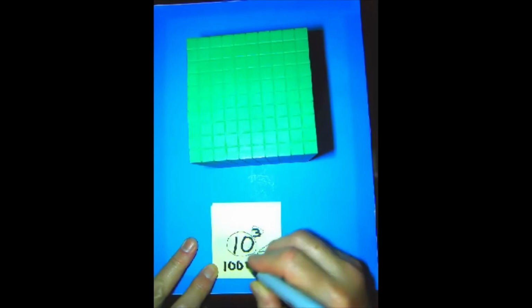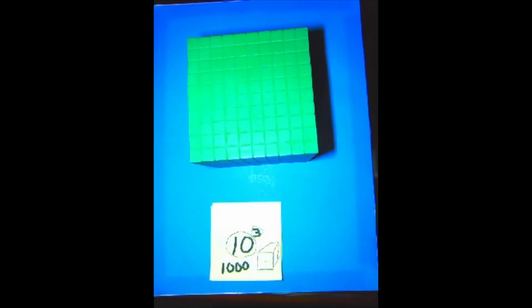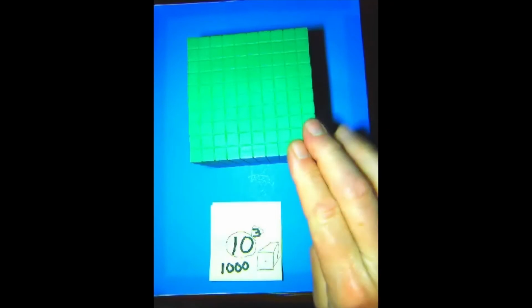3 zeros. Now, in base 10, you'll notice that this shape, the large cube, and this shape, the small cube, are the same. This is what would be called a similar figure, as we'll learn later when we talk about geometry. So how can we tell them apart?